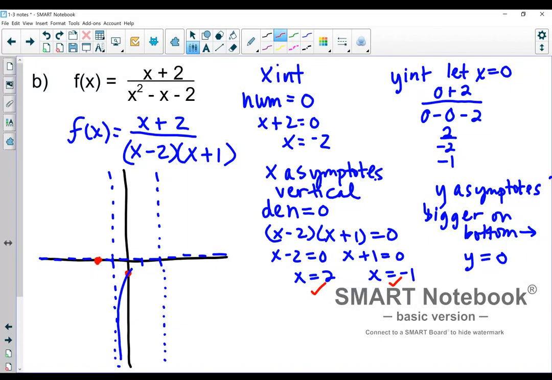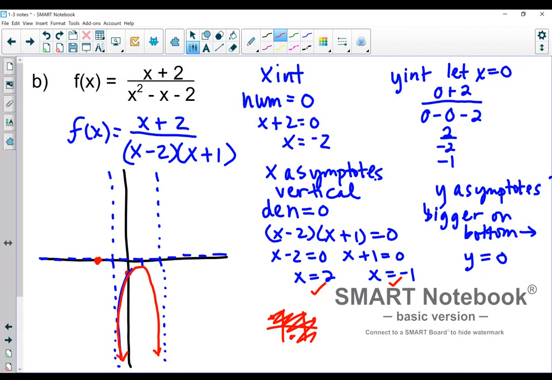I said I was going to do red and then I forgot. That looks pretty logical. And then what I see from graphs is they're always kind of alternating. If you have part of your graph up here, then it'll be here, and then it'll be here. That's just a pattern that I've noticed. And you get this by just graphing a lot.